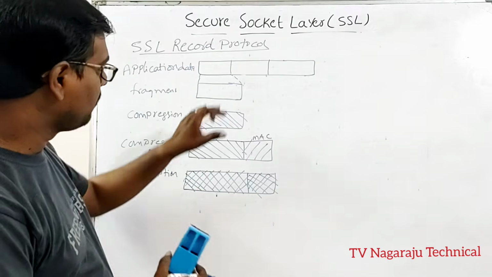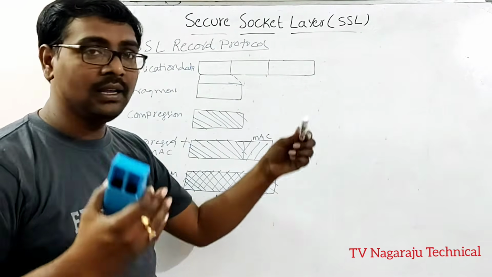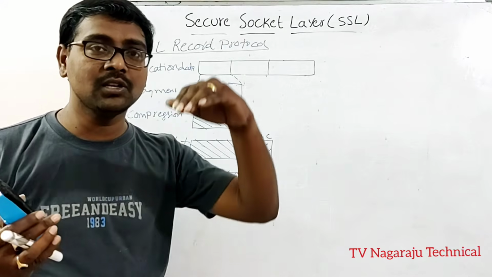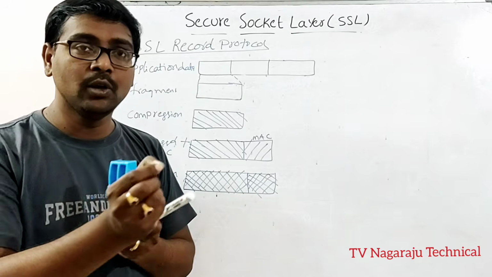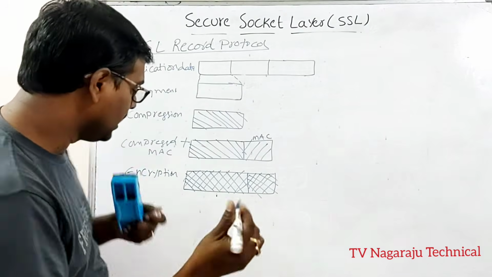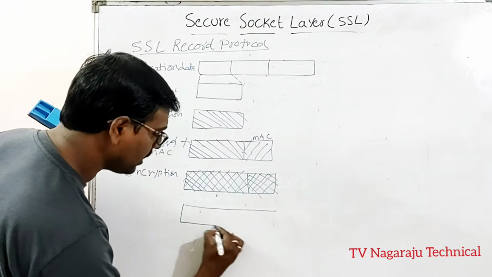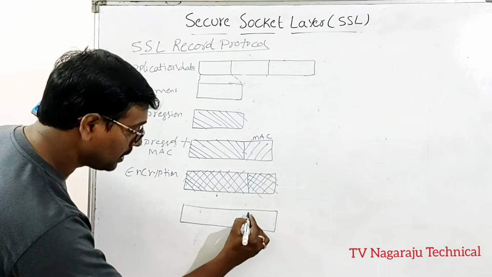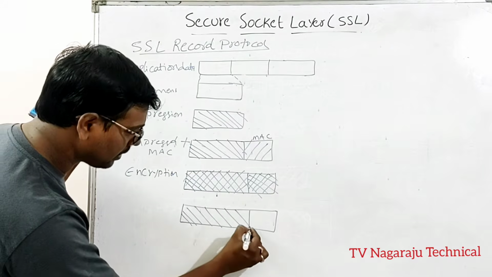Now, everything is completed, encryption is completed successfully. Generally in the layers, one layer's information is transferred to the other layer. In that process you need to include the headers. Here also we are adding one header to the data.